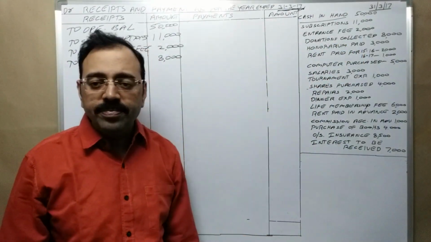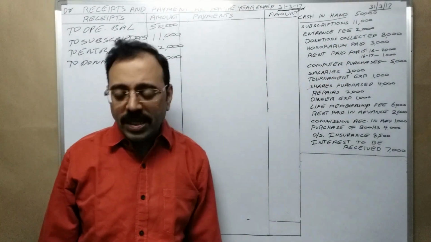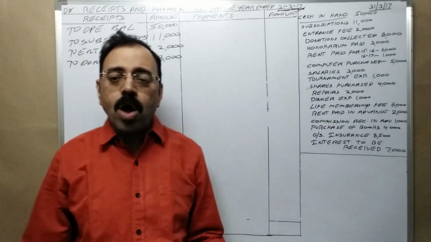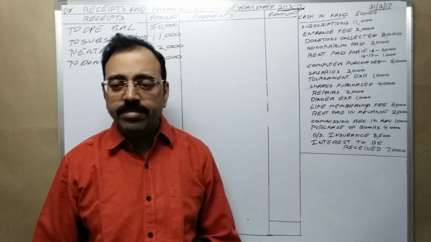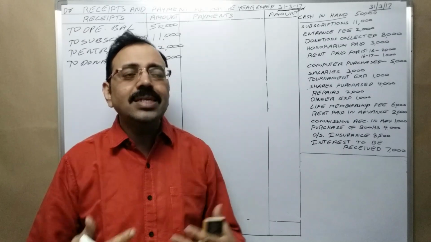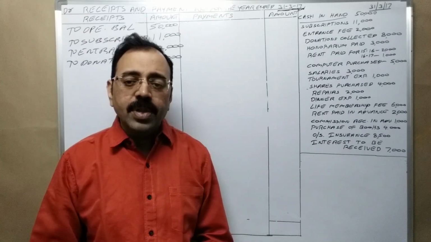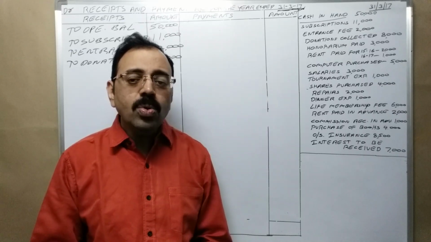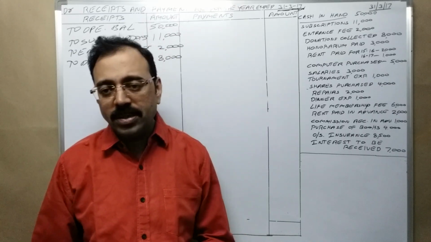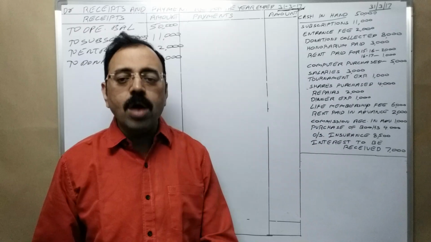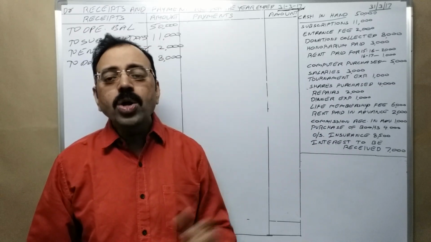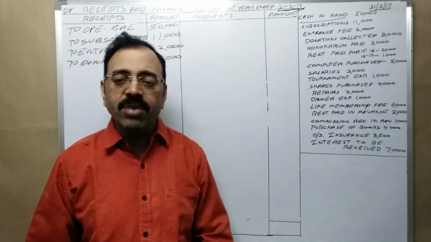Honorarium paid means what? For example, there is one commerce college. So the commerce sir is taking classes daily. One day, the management wants to arrange one special class, not by this commerce lecturer. They want to invite one chartered accountant from outside.